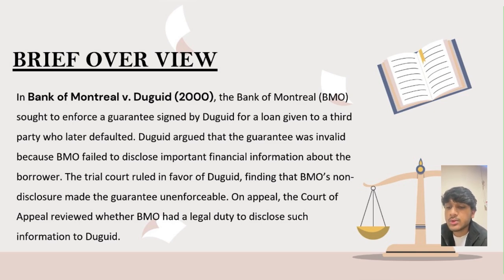The trial court ruled in favor of Duguid, finding that BMO's non-disclosure made the guarantee unenforceable. On appeal, the Court of Appeal reviewed whether BMO had a legal duty to disclose such information to Duguid or not. The next slide will be presented by my next team members.